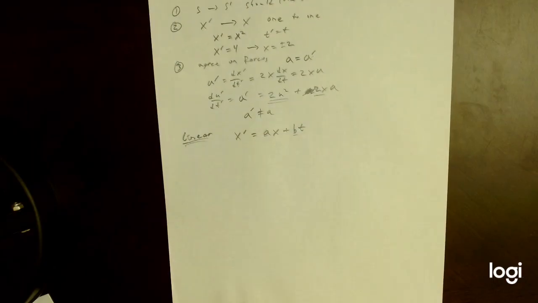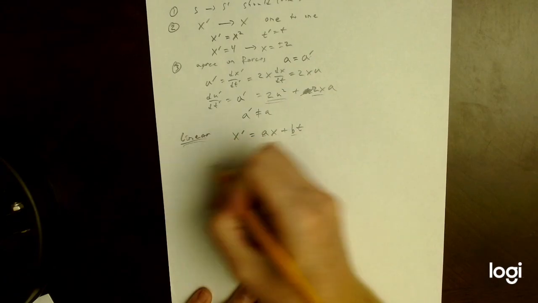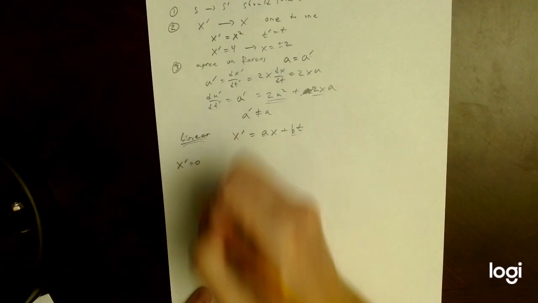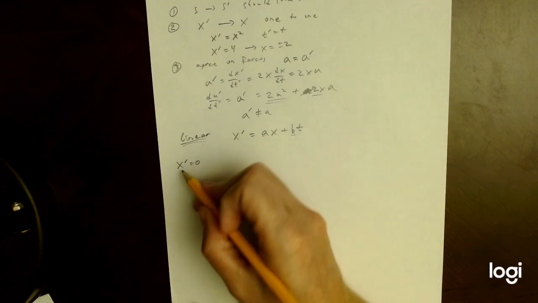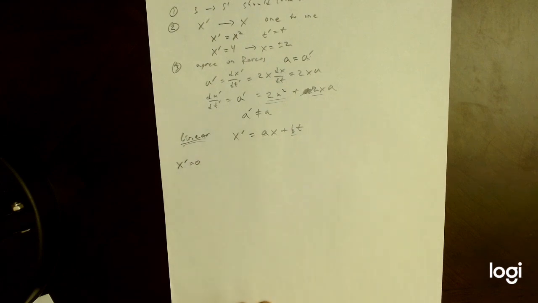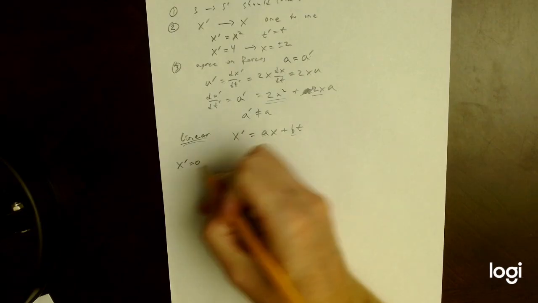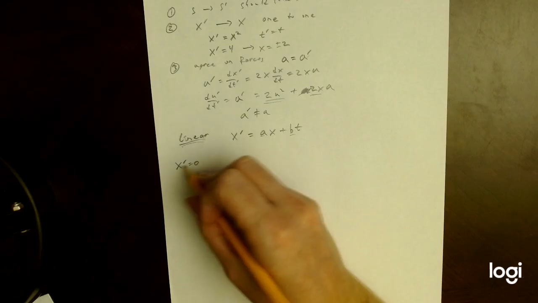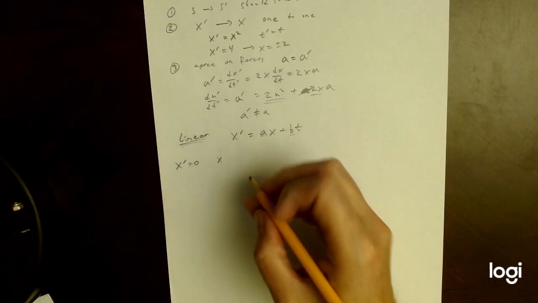And we can then say, well, what can we say? Let's look at an event that happens at the origin of the S prime coordinate system. If it's at rest in this system, then its x prime coordinate is 0, and its x coordinate must be changing.